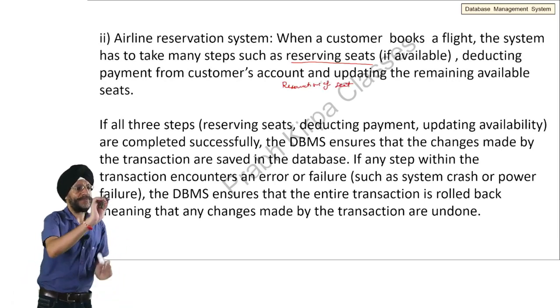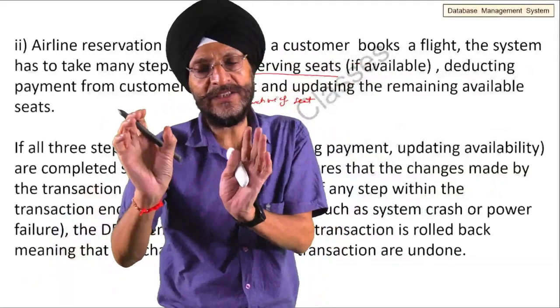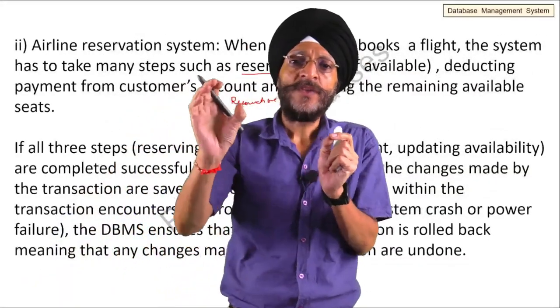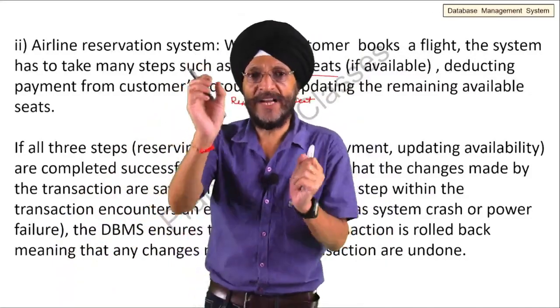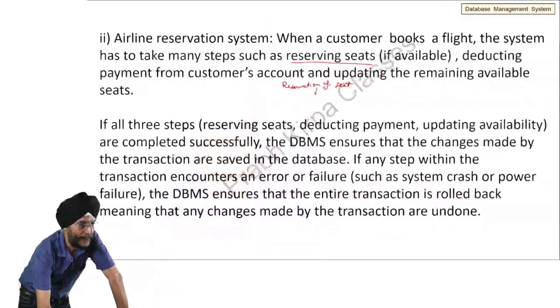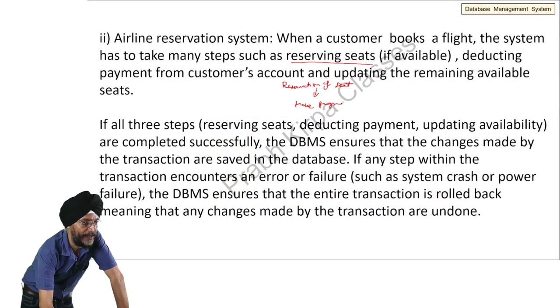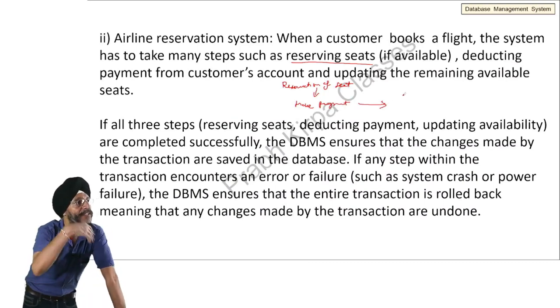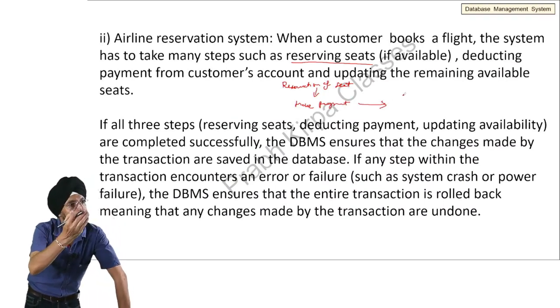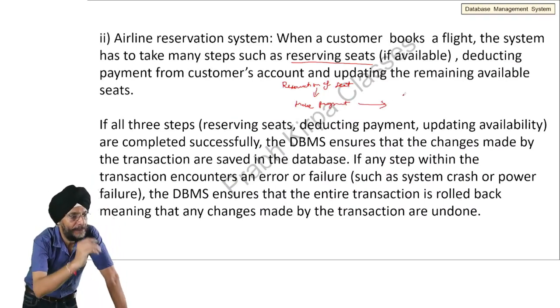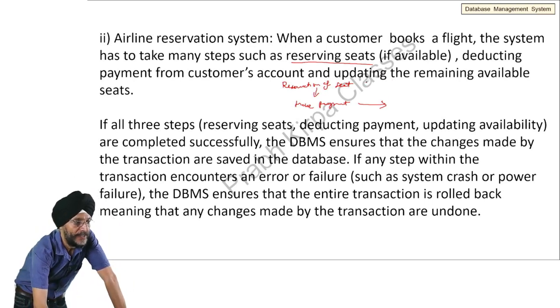When you click that you want this seat and the seat is available on the site, the site will ask you to make payment. Then this payment will be deducted from your account, and the website which you have approached will update the balance.